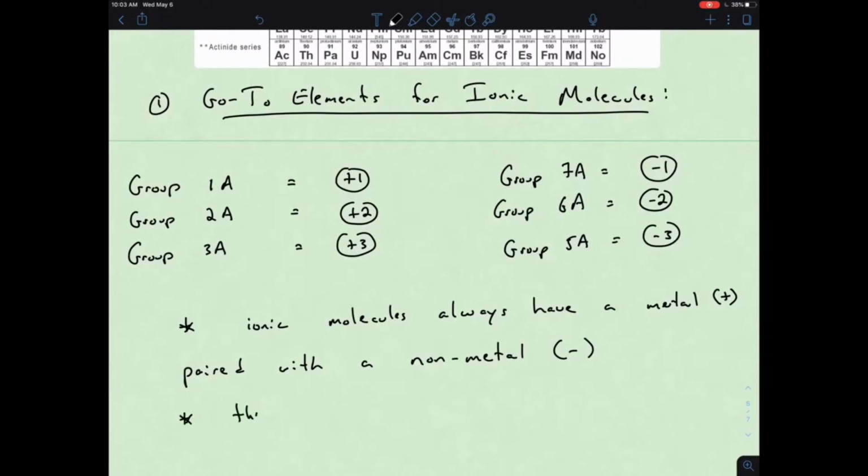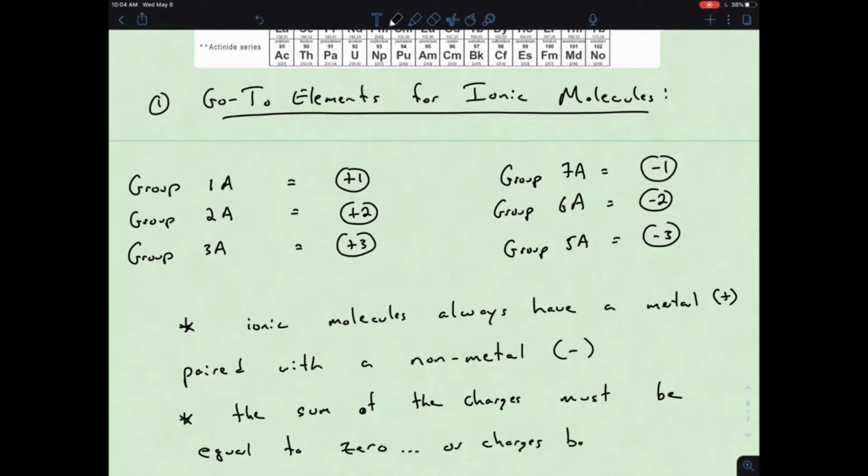The sum of the charges must be equal to 0, or charges have to balance out.